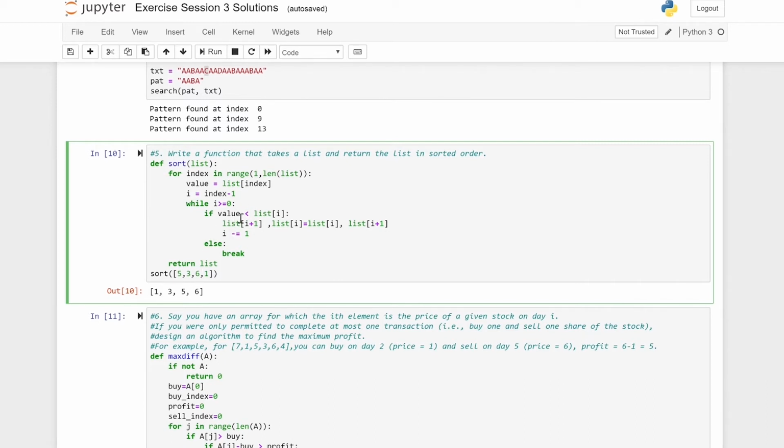If our value 6 is less than list[1], which is 3, that's no, then we break. Now i is 1. While i is greater than 0, if our value, which is 6, is less than list[i]; you know we swapped in the previous iteration, because now in the ith position there is 5 here.